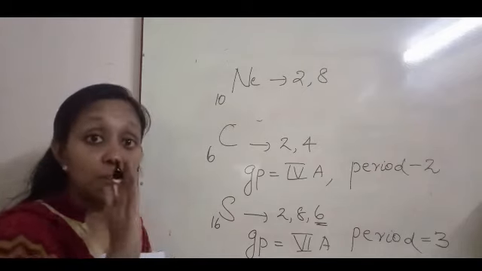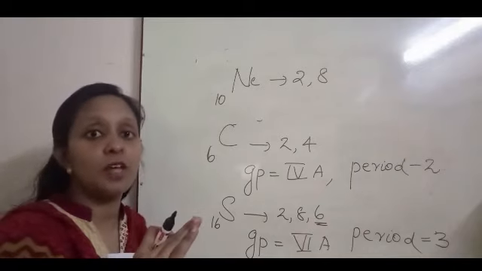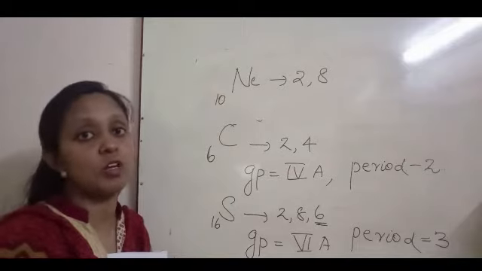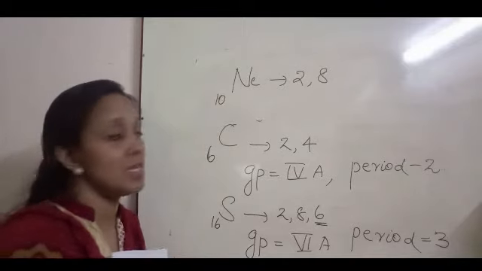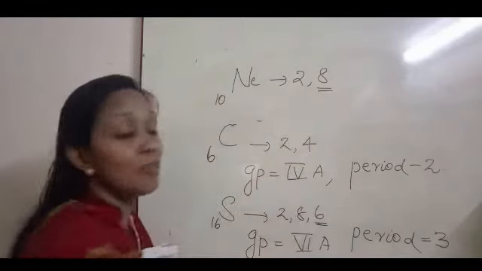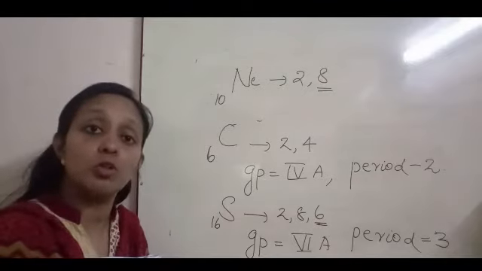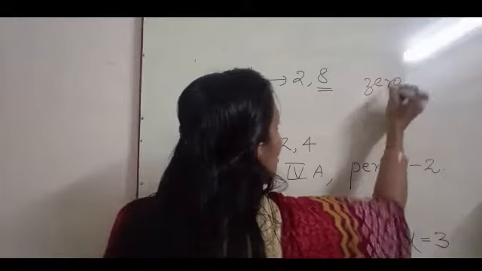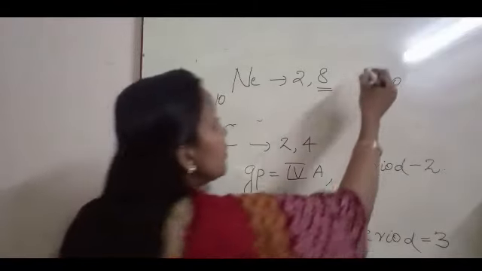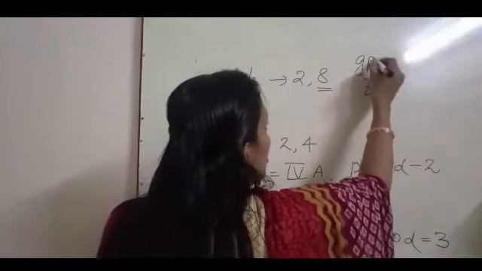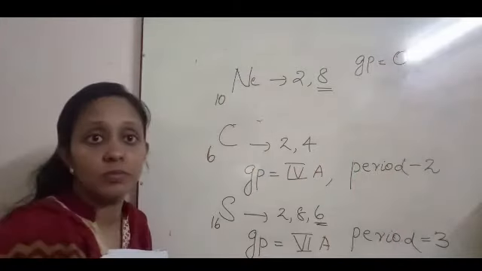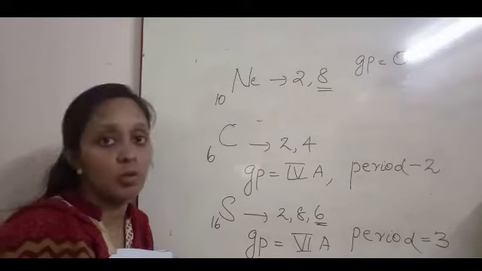They will have a complete, stable configuration, octet or doublet configuration. There are 8 electrons in the outermost shell of neon, which means it belongs to group number 0, or simply you can write it as group 0.